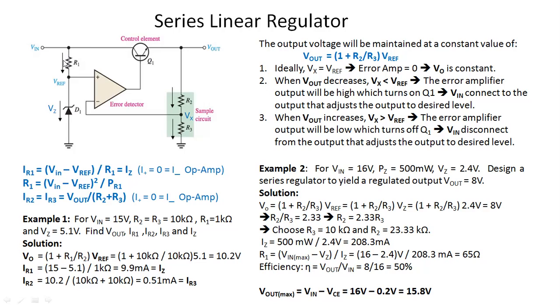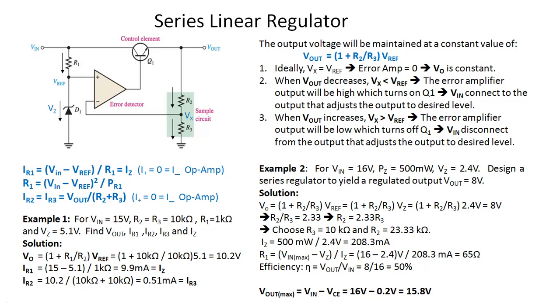We are supposed to find the current: the voltage where it starts, minus the voltage where it stops, divided by this resistance. So you can take IR1 equal to V in minus VREF upon R1. You will get that current, which will be equal to the Zener current, IZ, because both are in series. So we can say that current is the Zener current.